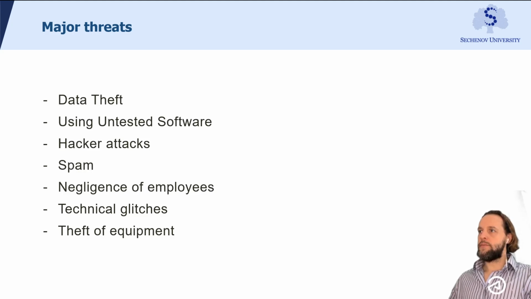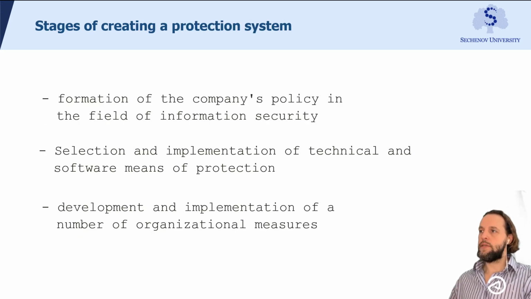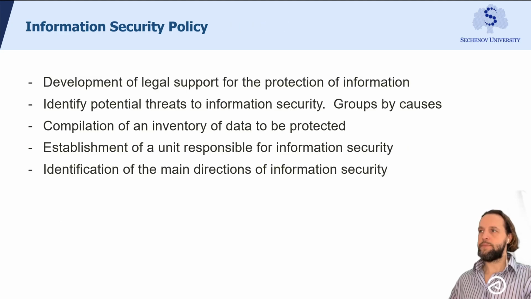First of all, it will be data theft, using untested software, hacker attacks, spam, negligence, technical glitches, equipment theft, and so on. To create a protection system for information, we will need to have all required policies in the company. We will need to implement technical software solutions for this system, and implement all these measures inside the organization.